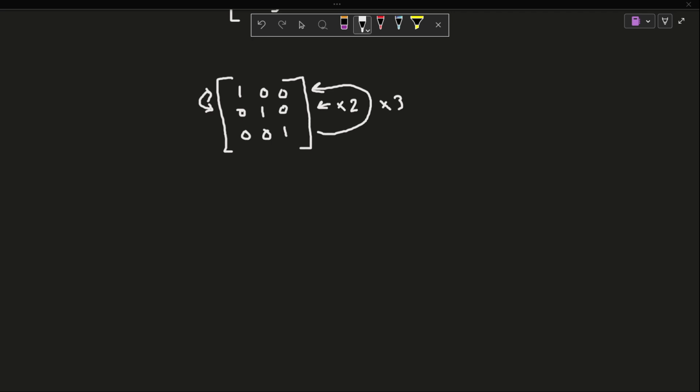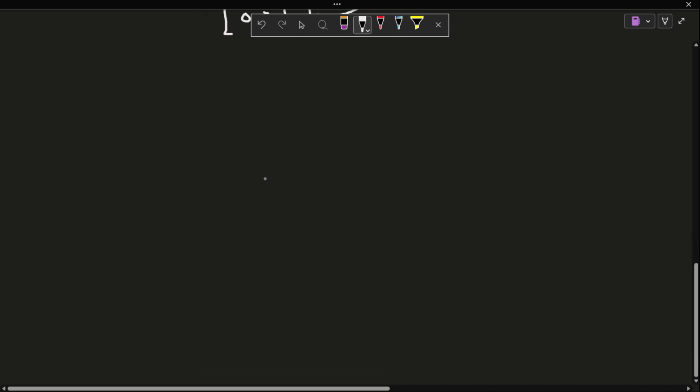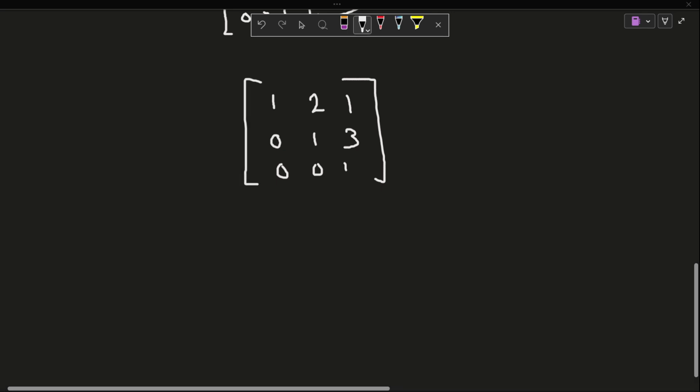So let's take a look at, well, how can we tell if a matrix is invertible? Well, it is if we can transform it into the identity matrix. So let's take the matrix 1, 2, 1, 0, 1, 3, and then 0, 0, 1. If we can transform this matrix into the identity matrix, that means that it is indeed invertible.